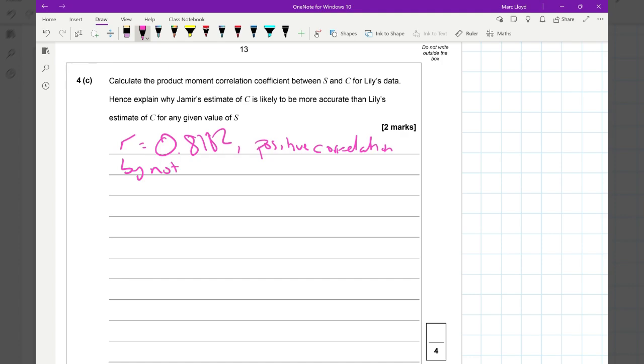But not as strong as Jamir's, as it isn't as close to 1.